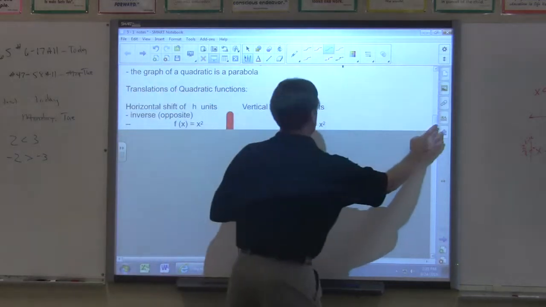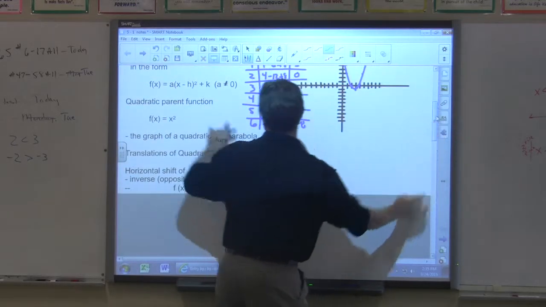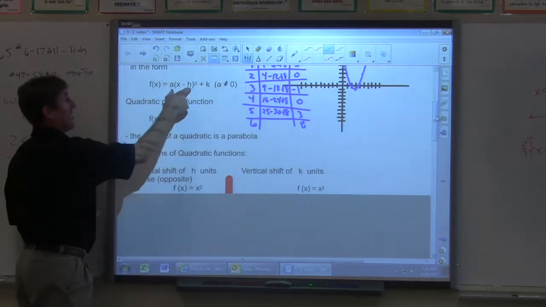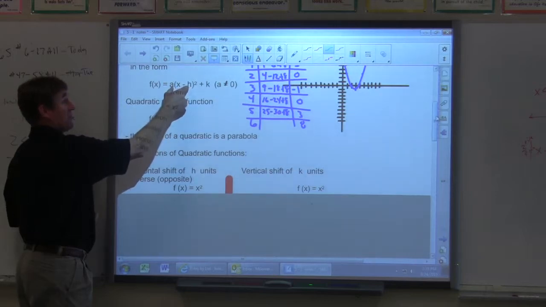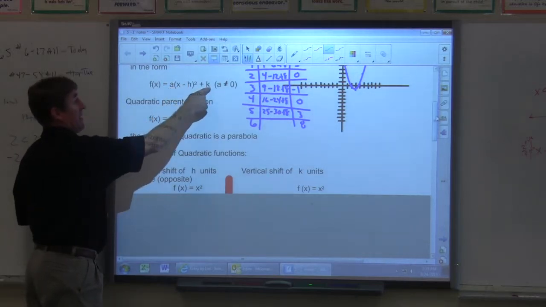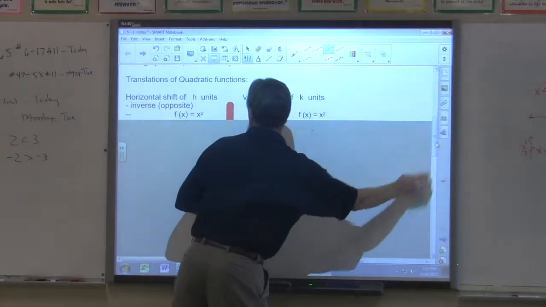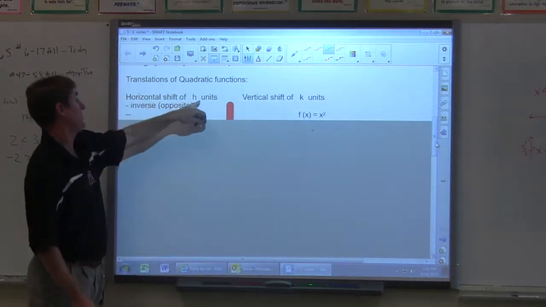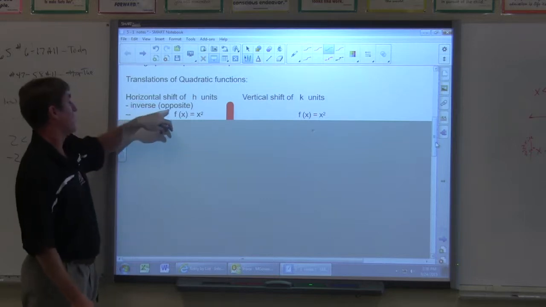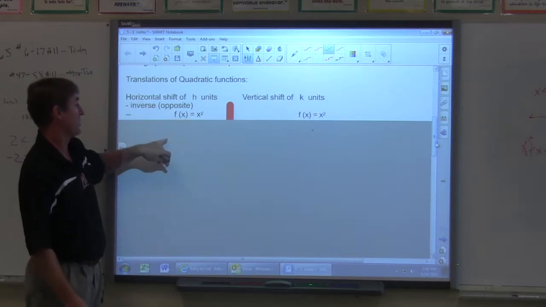And if we're going back to here, remember the h is inside, just like with absolute value, inside is horizontal, outside is vertical. So if we just take a horizontal shift, remember it's the inverse and opposite, f of x equals x squared.